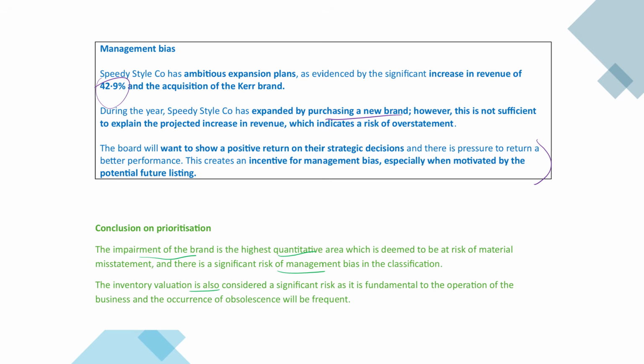Another very important tip or an easy one is in question number one, there will always be procedures on some of those risks. All those risks should be prioritized because the examiner has concluded that these are significant risks. Because of that, Part C requires procedures on this.